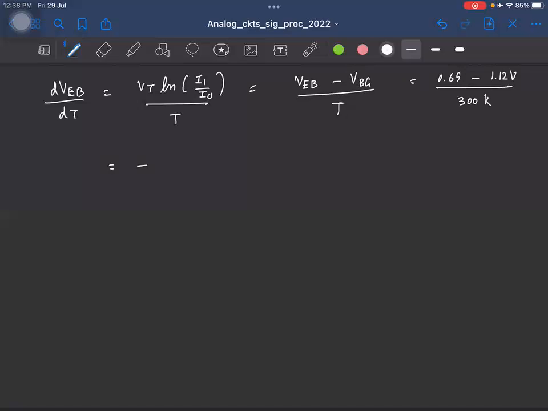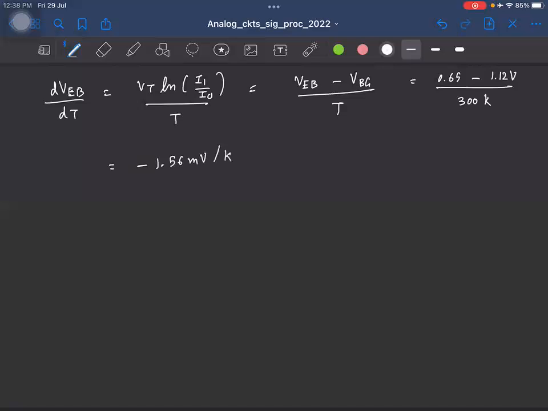Yeah, I mean, that is basically around 1.56 millivolt per Kelvin.